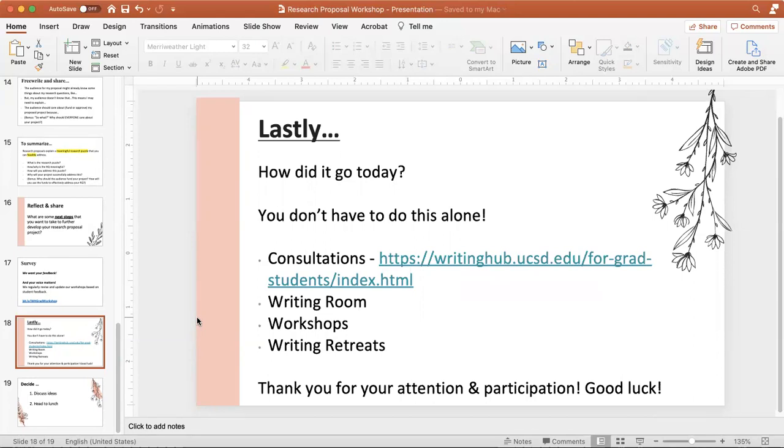And these consultations will take place virtually, and all of us grad consultants are really happy to work with you at any stage of your writing process. We also encourage people to attend the daily writing rooms, which take place virtually every weekday. There are also various other workshops for grad students and writing retreats that are designed to help grad students make progress consistently. So definitely, you do not have to do this alone, and we really encourage people to make use of these services that we offer for all grad students.